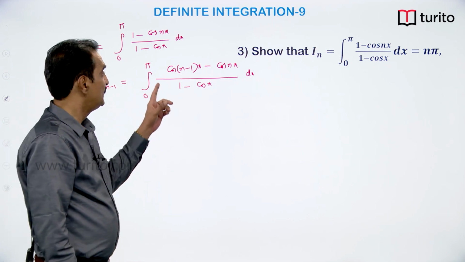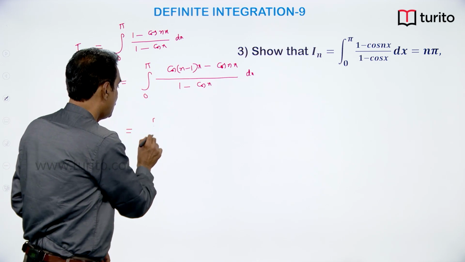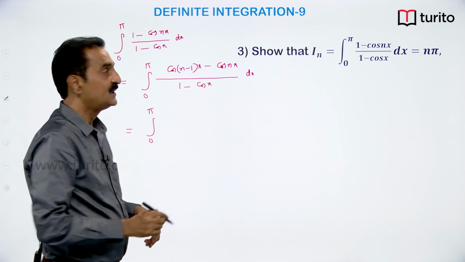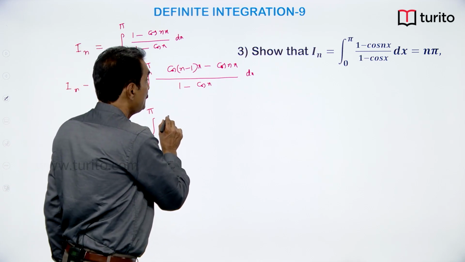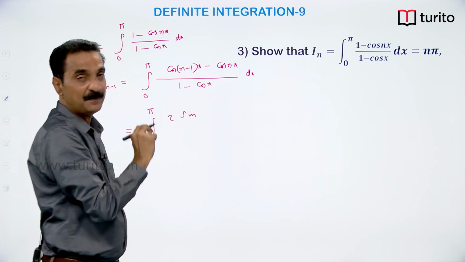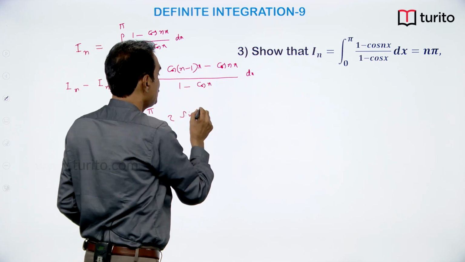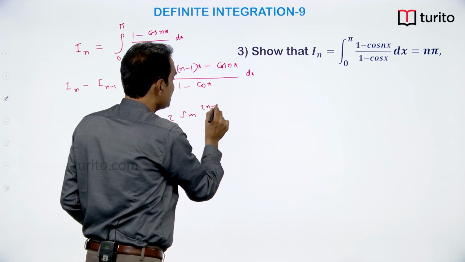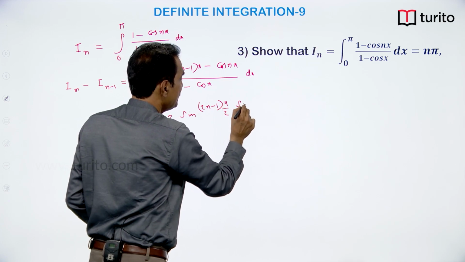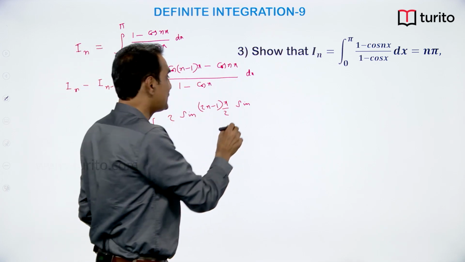Okay. Now, what is cos c minus cos d? Integral 0 to pi, cos c minus cos d is 2 sin ((c plus d) by 2) into sin ((d minus c) by 2). C plus d by 2 is what? (2n minus 1) into x by 2 into sin ((d minus c) by 2). This minus this by 2 will be x by 2.